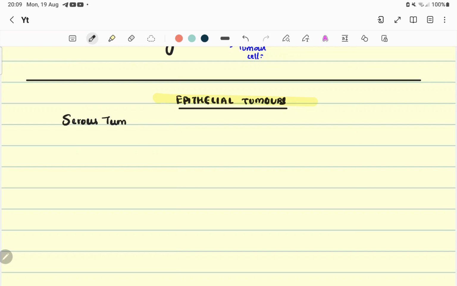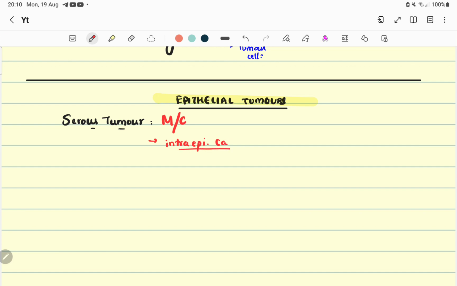Serous tumor is the most common epithelial tumor. You have to understand that it is the most common epithelial tumor, and here the problem is that it is an intraepithelial carcinoma.